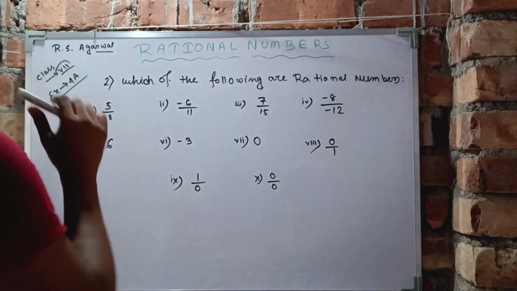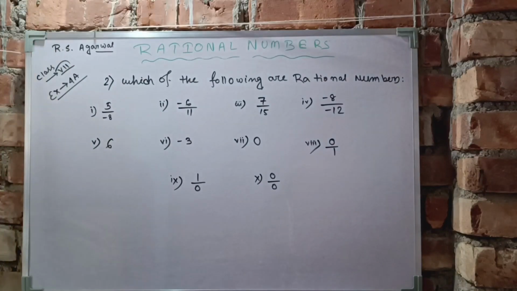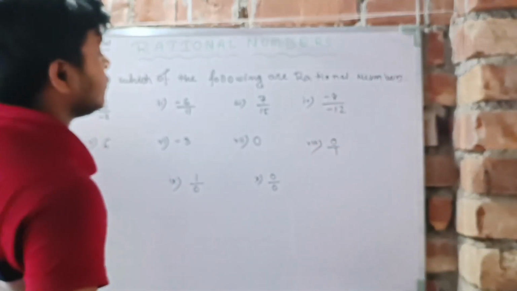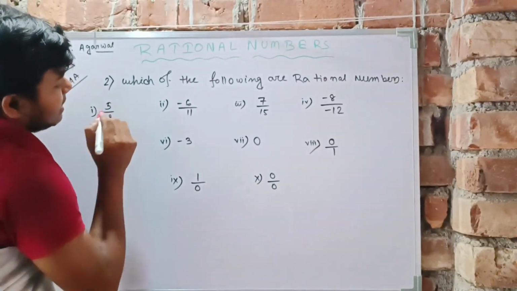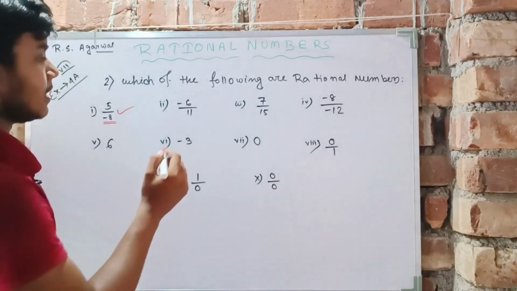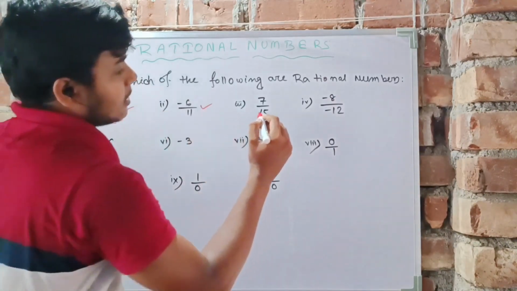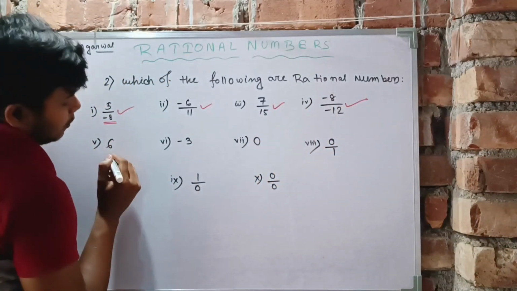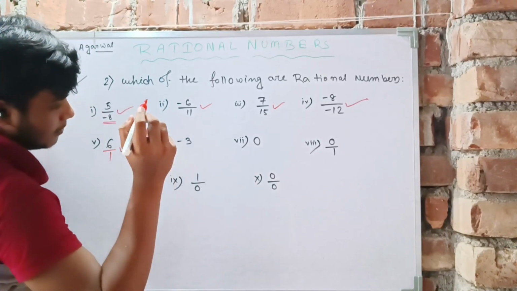So here is the problem. Which of the following are rational numbers? 5 by 8. We can express this as p by q, where q is not equal to 0. So this is a rational number. Similarly here, q is not equal to 0, so this is a rational number. 6 we can express as 6 by 1, therefore it is a rational number.